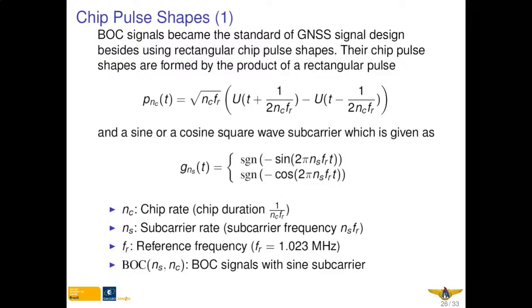Then a BOC sin(n_s, n_c) signal is a sine subcarrier signal, and BOC cos(n_s, n_c) is a cosine subcarrier signal.